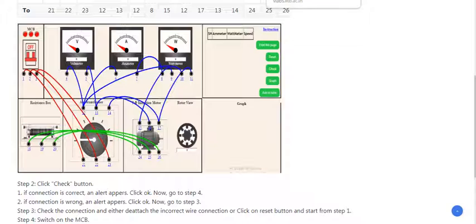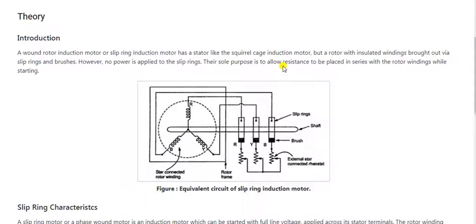This is the circuit diagram. A slip ring or wound rotor induction motor has the same stator as a squirrel cage induction motor, but a rotor with insulated windings brought out via slip rings and brushes.